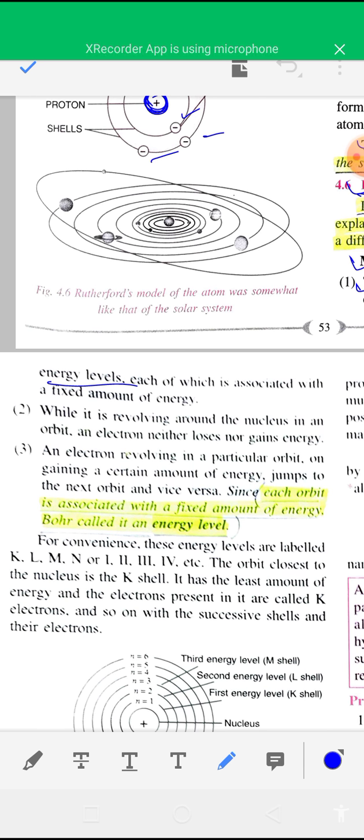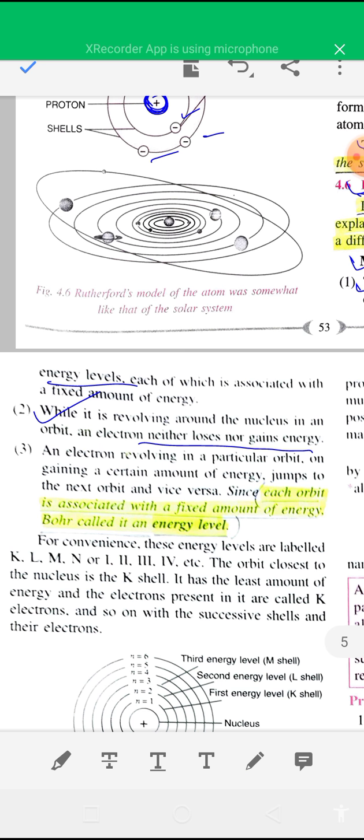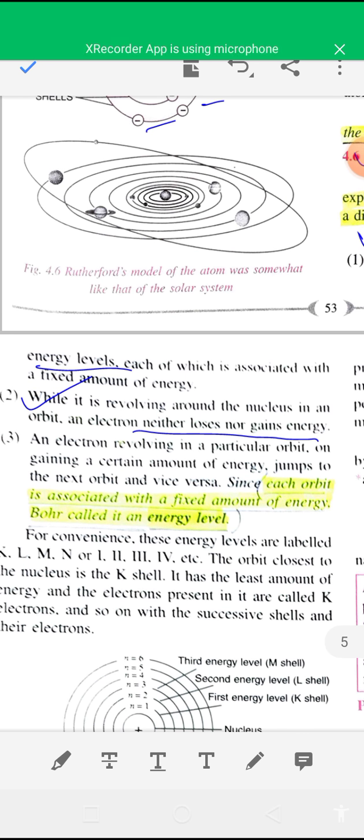Second point, while revolving around the nucleus of an atom in an orbit, the electron neither loses nor gains energy.